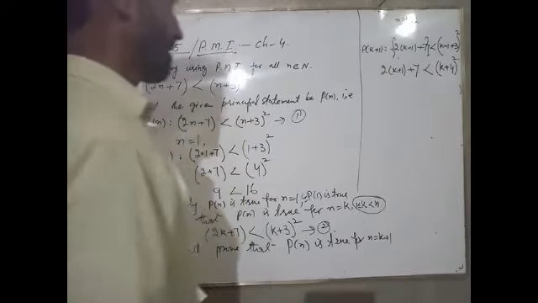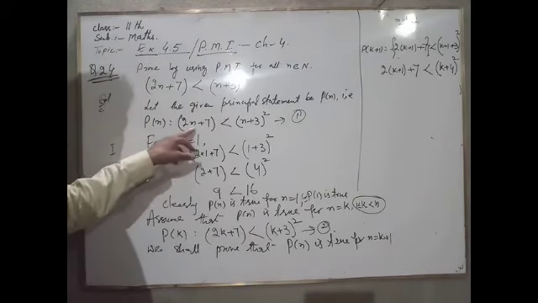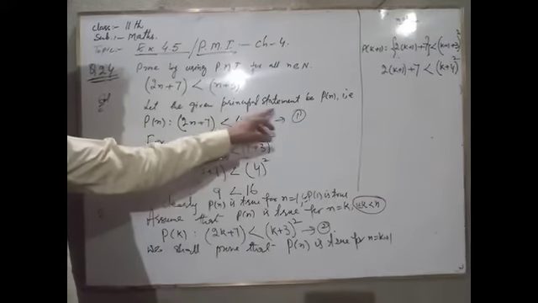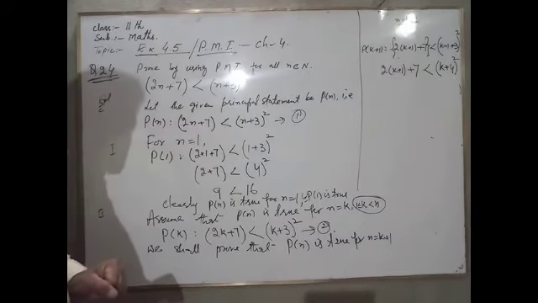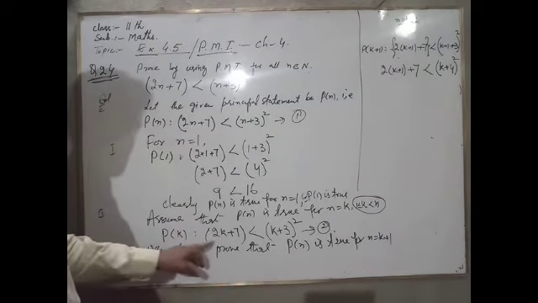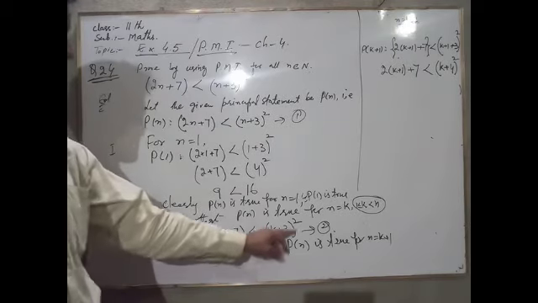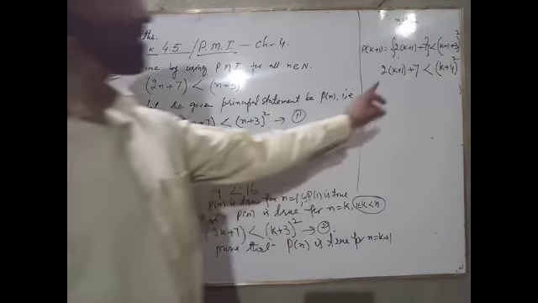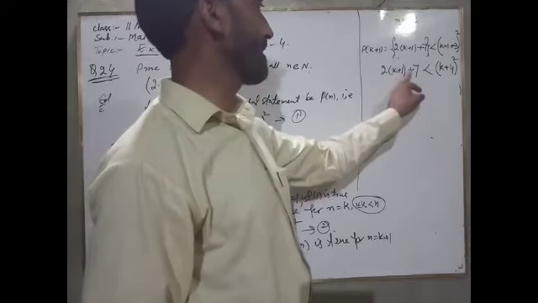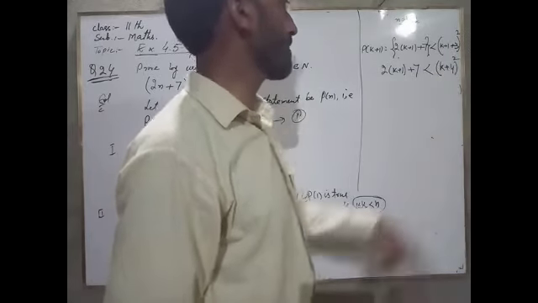Now here you have seen that 2n plus 7 is less than (n plus 3) square was our principal statement. So here we have 2k plus 7 is less than (k plus 3) square, and so here 2(k plus 1) plus 7 is less than (k plus 4) square.